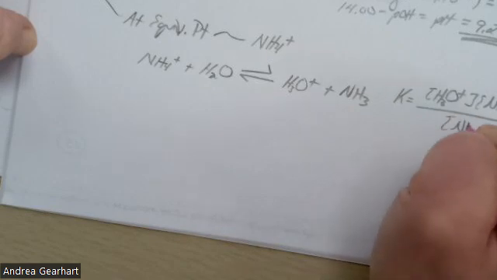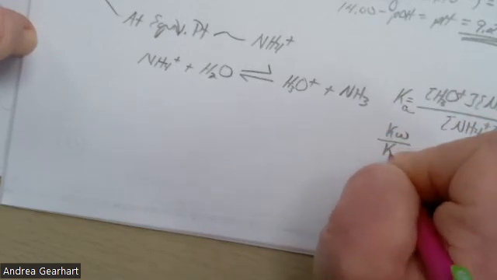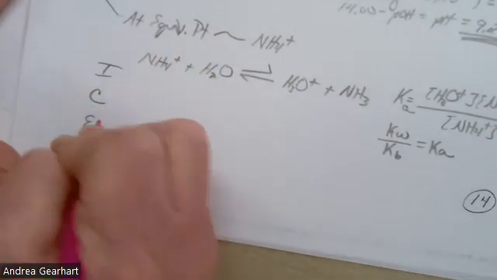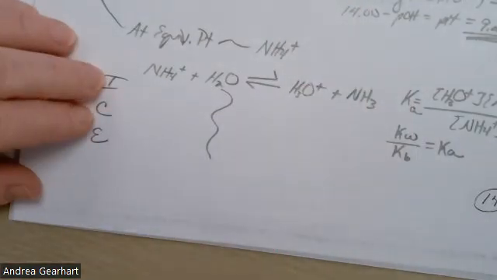Are we given Ka? Excellent. And so we'll have to take Kw divided by Kb to get our Ka. We are just saying, okay, well, we have just made a whole lot of it, and so it's going to have what it wants to do with water.